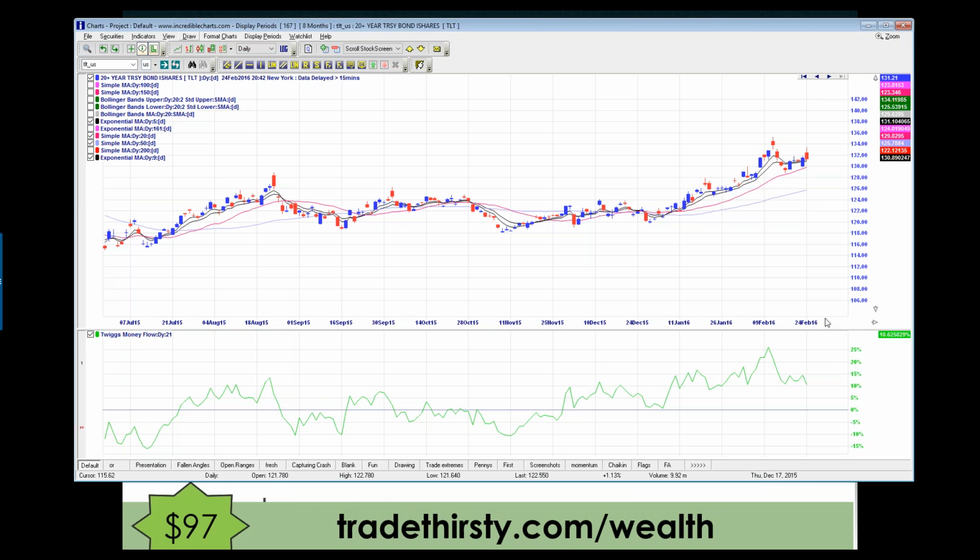TLT is something that looks a bit toppy to me. Bonds are being touted a lot at the moment because people say, well, do we go to gold? Do we go to bonds? Or what do we do? I wouldn't be making any big moves in the bond market until after the 1st of March, I'll put it that way.